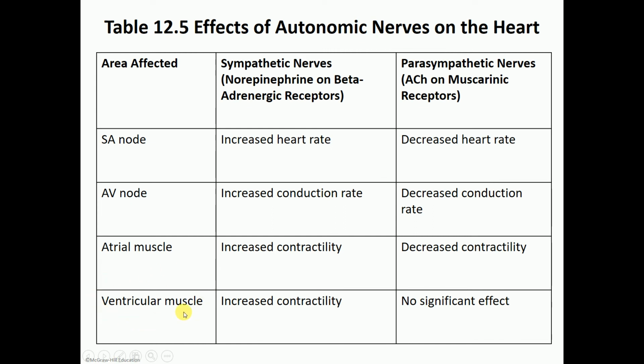The effect on the ventricle is an indirect effect, because it decreases the overall heart rate, so that is obviously going to affect the ventricular rate as well. But there's no direct significant action, meaning it doesn't really change the force of contraction of the ventricles.